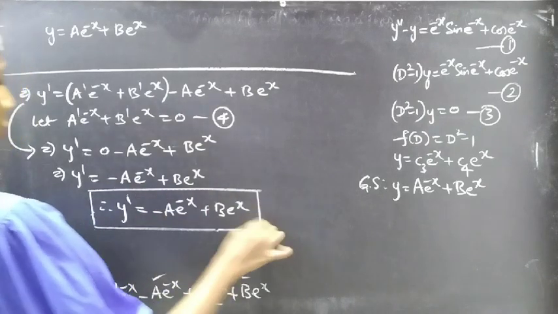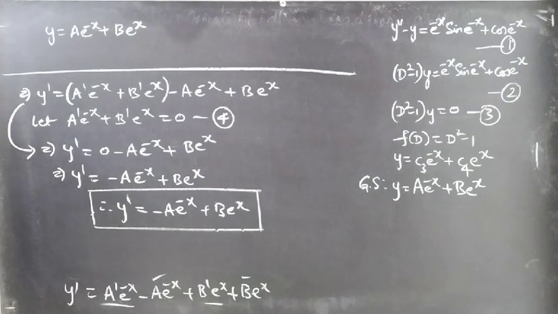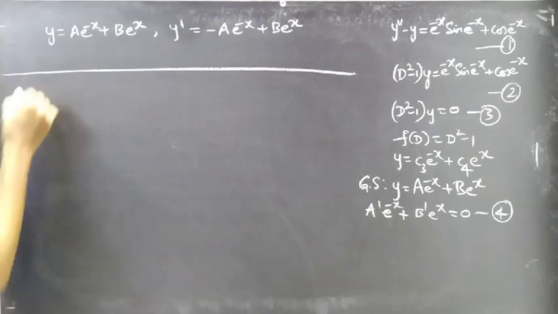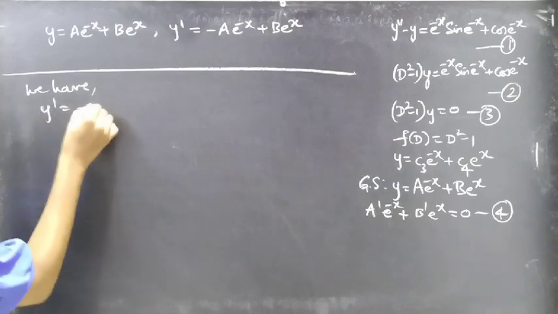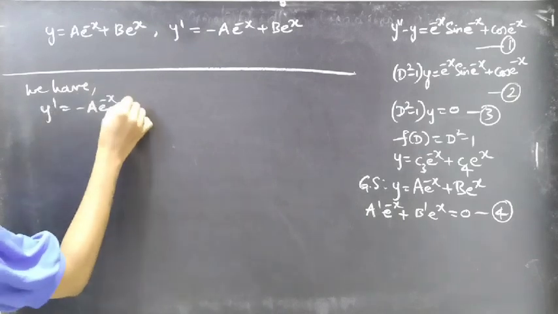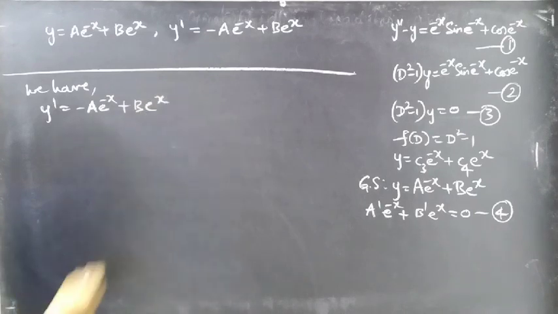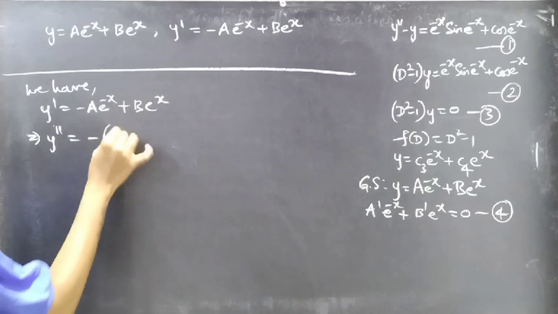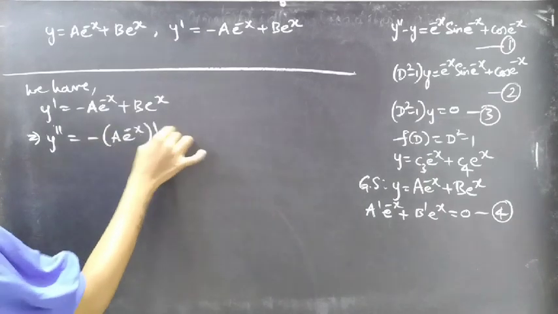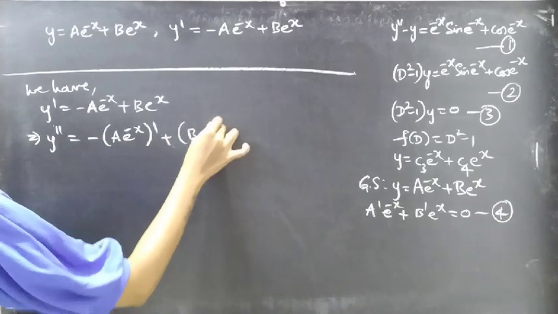Let's now find y double dash using this. We have y dash equal to minus a e^(-x) plus b e^x. Let's now find y double dash. y double dash equals minus of (a e^(-x))' plus (b e^x)'.